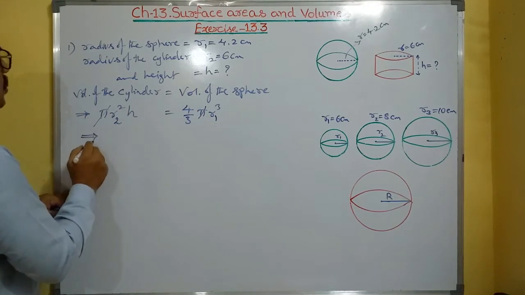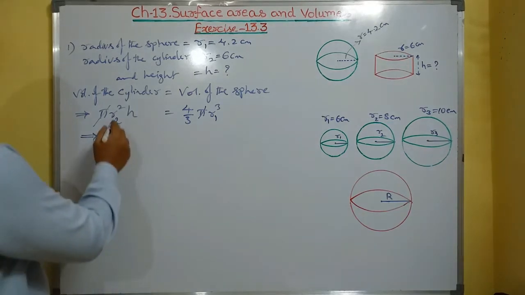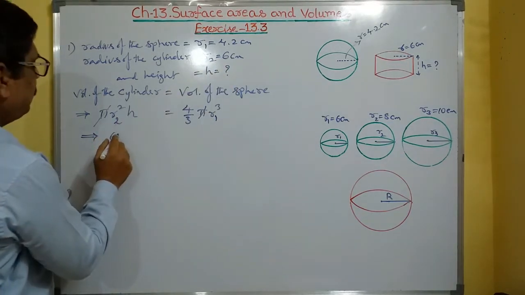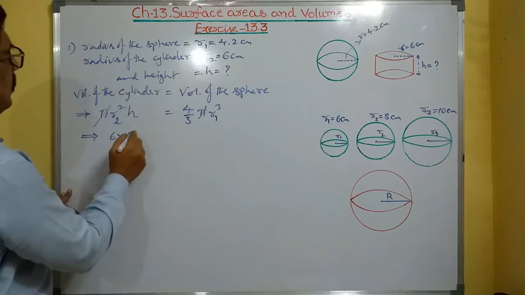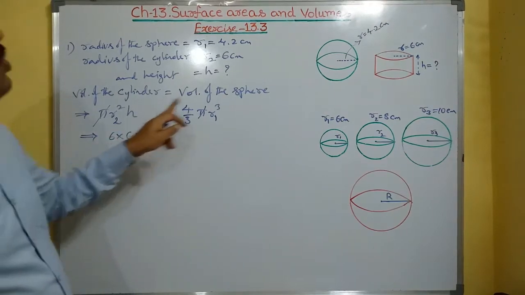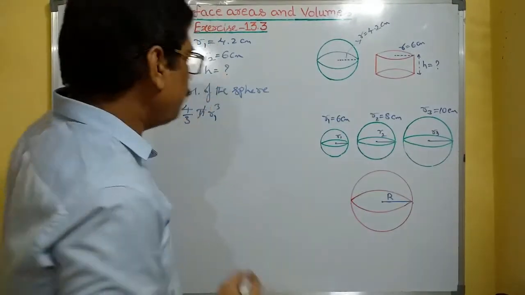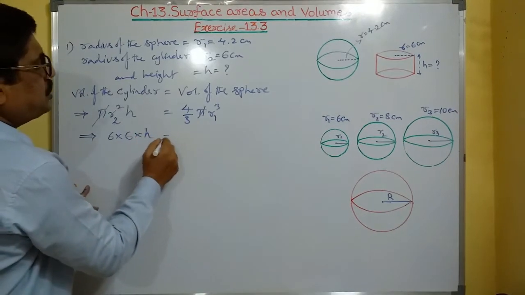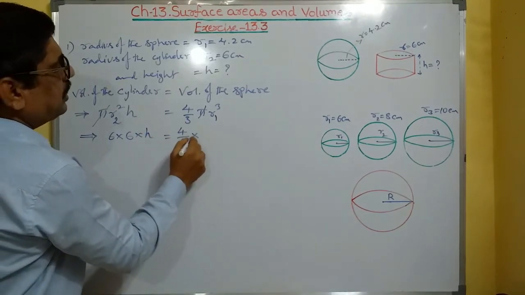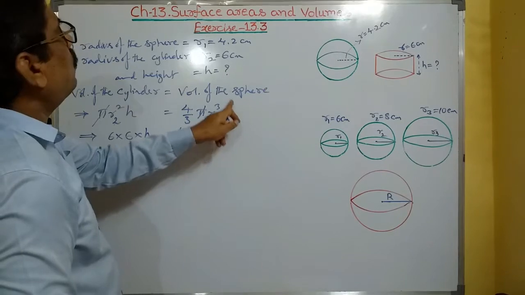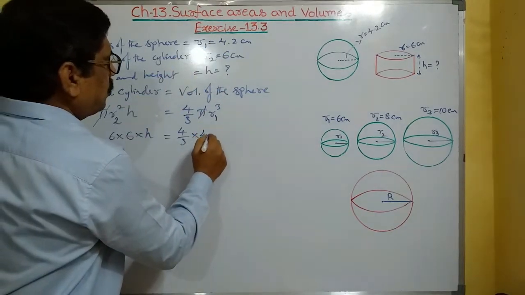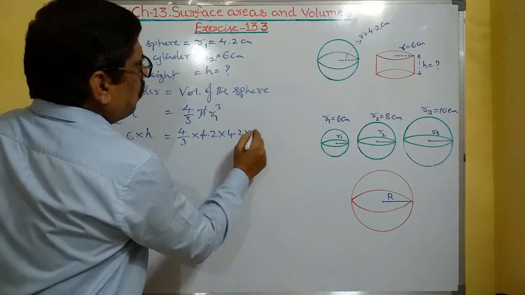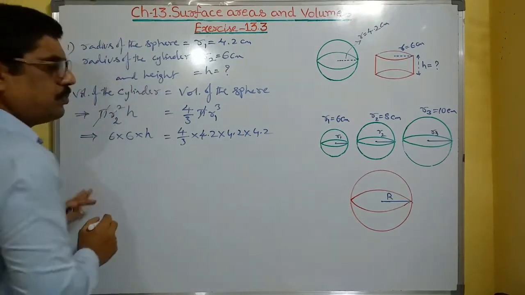Now let us substitute the given dimensions. R2 is 6, so 6 into 6 into H. What is the height? We don't know, that we need to find. So let us take H is equal to 4 by 3 into R1 cube. What is R1? 4.2. So 4.2 into 4.2 into 4.2.